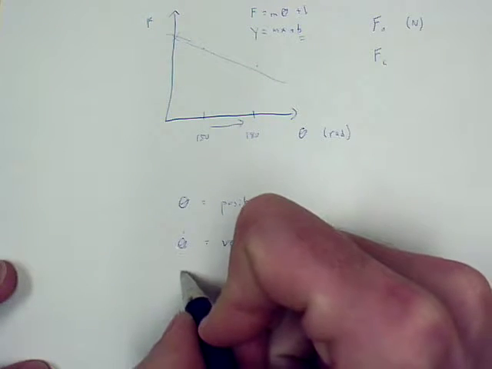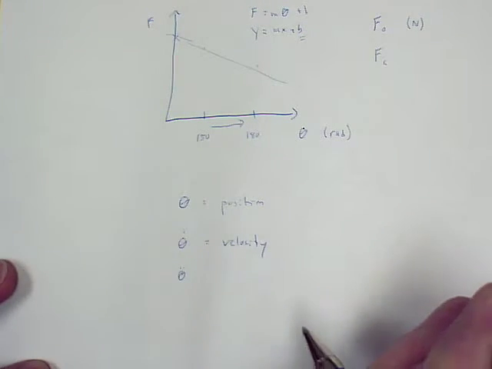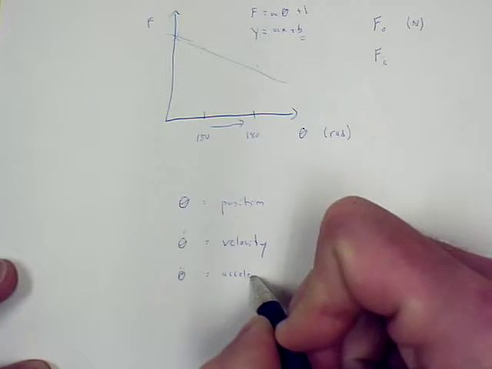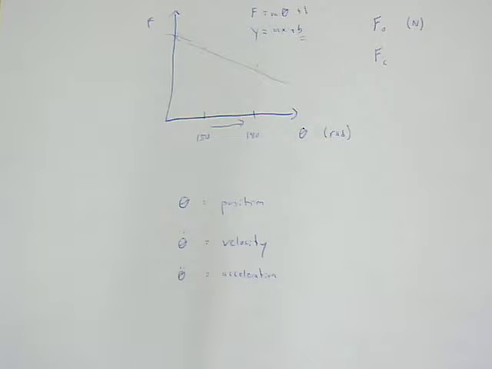And our second derivative, we've labeled as theta double dot or theta double prime, is our acceleration. Okay, so all of this should be familiar to you from your physics classes. And so we've provided the equations for each one of these, and I'm going to break them down really quickly.